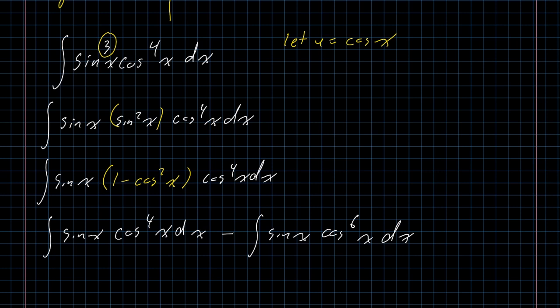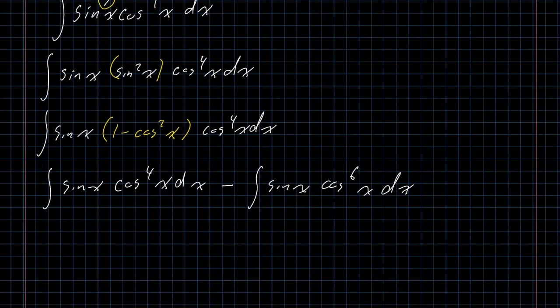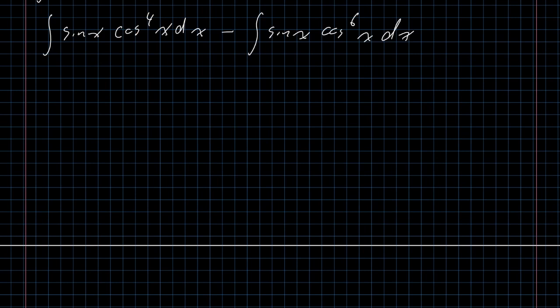I can take my sine x times minus cosine squared times cosine to the fourth, and I can split that up and get two separate integrals. Both of these integrals look a lot more like that first one that we evaluated. And so the process is going to be much the same.